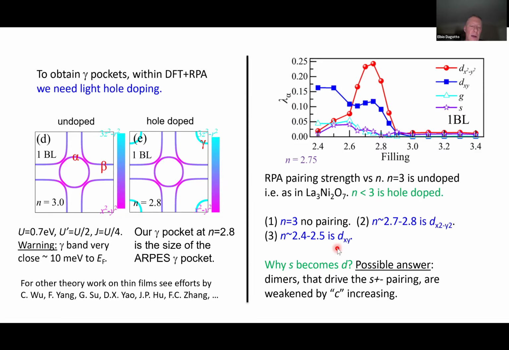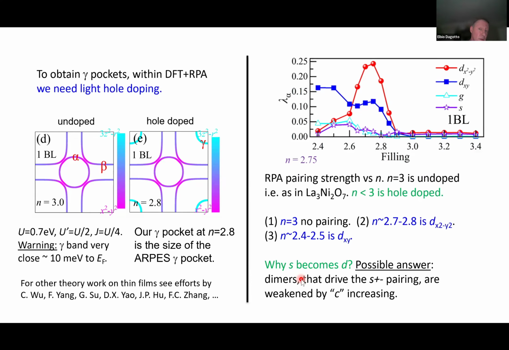Now we are asking ourselves, and colleagues have asked, why this switch from one to the other? This is a tentative answer. It's moving my hands only. But remember that I mentioned to you the concept of dimers as playing a very important role, because the hopping in between the layers in the bilayer was robust. But because in the compressive arrangement of the ultra-thin films, the C is expanding, that hopping is reduced.